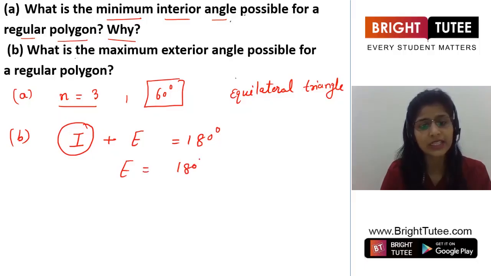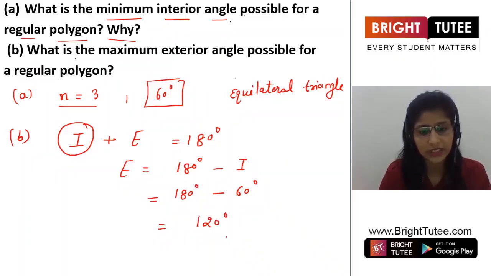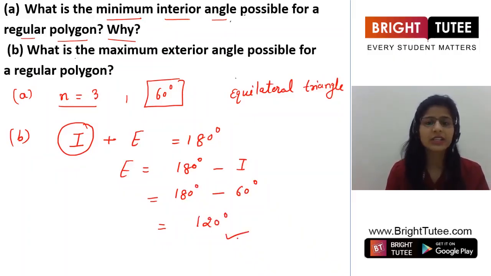Exterior is 180 degrees minus the interior angle, and the minimum interior angle that we have is 60 degrees. So 180 degrees minus 60 degrees gives us 120 degrees. Clear? So this is how we find the minimum interior angle for a regular polygon and the maximum exterior angle for a regular polygon.